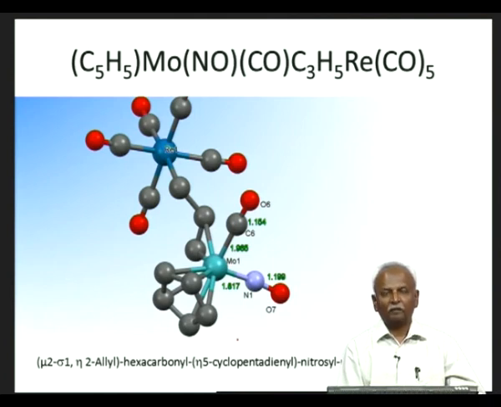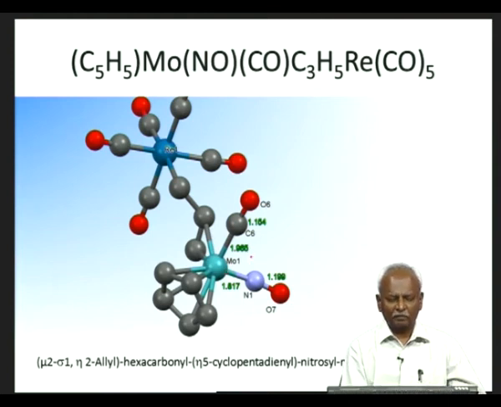So, here I have a complex in which both carbon monoxide and nitric oxide are present in the coordination sphere of molybdenum. This is the molybdenum center, which is pictured in light green blue color, and the nitrogen is blue in color.